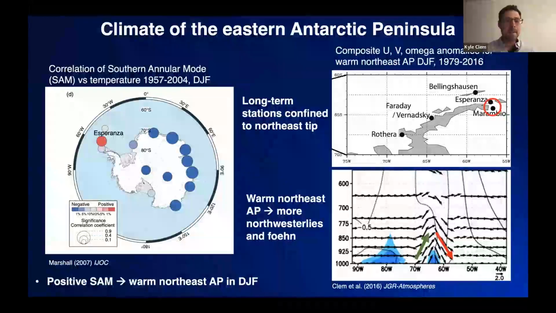And the seasonality works because the SAM has undergone a positive trend associated with strengthened westerlies during the summer season, which is when temperatures are most favorable for surface melt. But we don't have proof that the westerlies or the SAM also lead to surface melt on the Larsen C ice shelf further south.